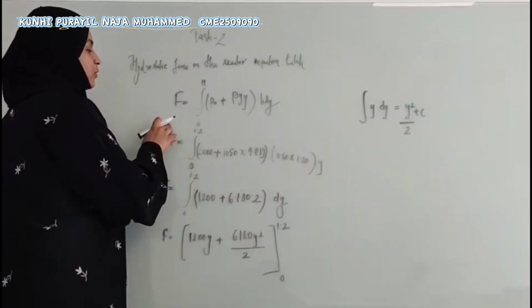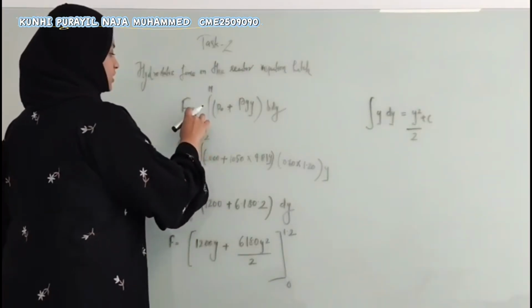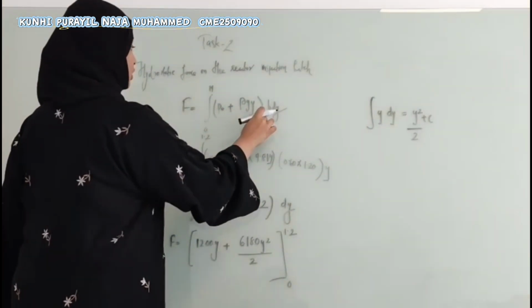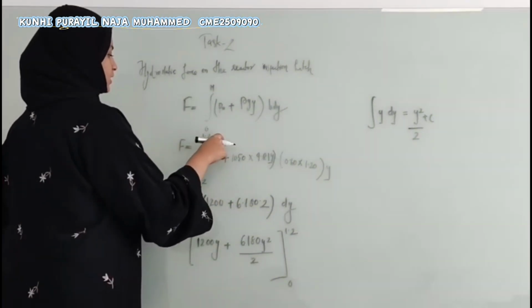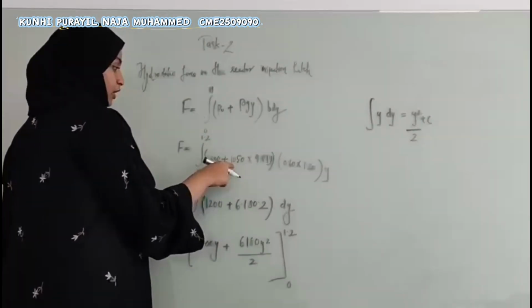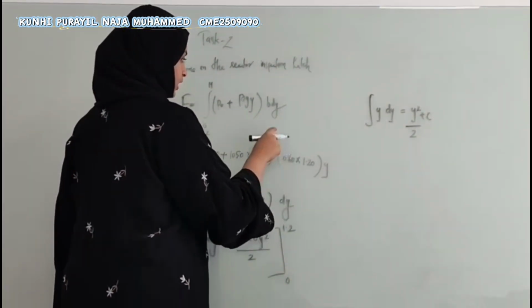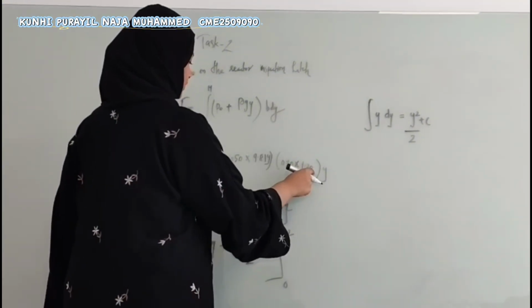So let's substitute the values in the hydrostatic force equation, the definite integral from 0 to h of (P0 plus rho g y) times b dy. Here h is 1.2 meters, P0 is equal to 2000, rho is 1015, the gravity is 9.81, and b is 0.60.